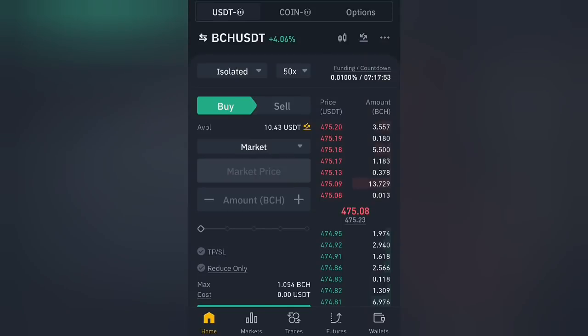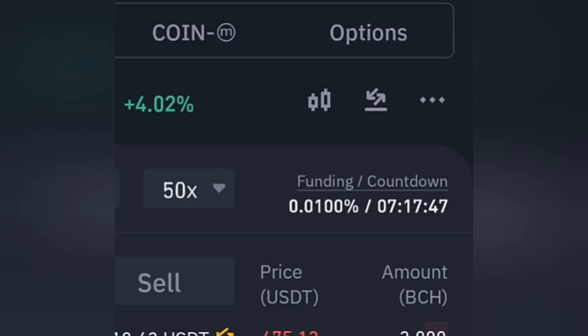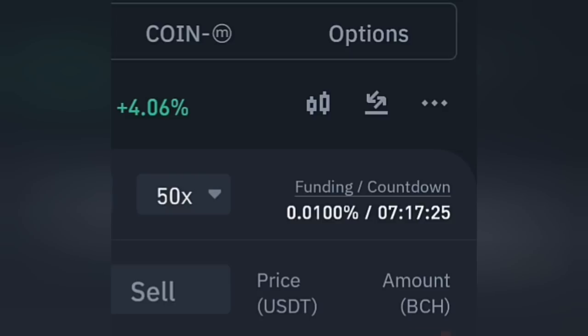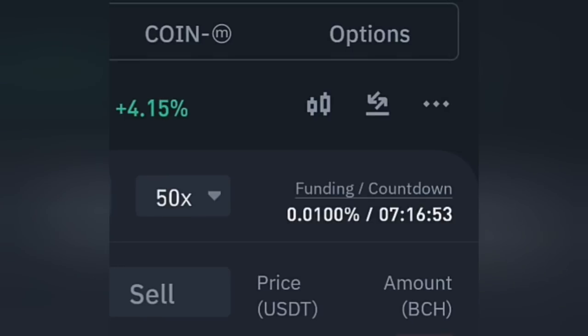If you look at the funding countdown section, you would notice two things: a percentage and a timing. When the funding rate, that means the percentage, is positive, Binance is going to be paying you a small amount when you are in a short position. But when you are in a long position, that means a buy position, and the funding rate is positive, you would be deducted small fees.